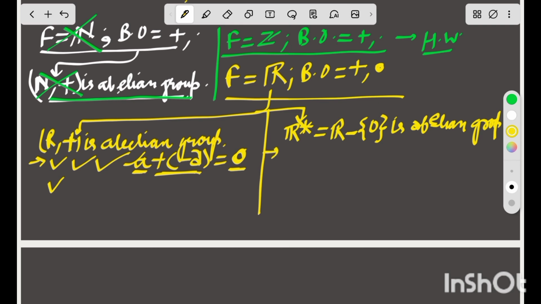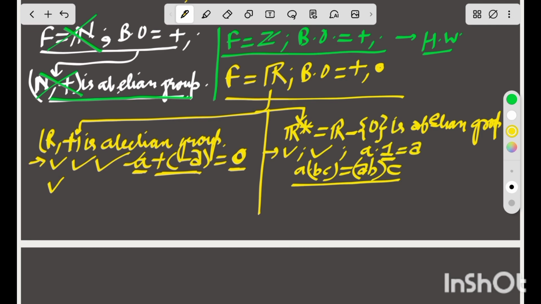First is the closure property. Since multiplication of two real numbers is a real number, it holds the first property. Since multiplication holds the associative property as a into b into c, or a into b into c, both are equal, therefore it holds the associative property also. Third is the identity. If we multiply any number with the 1, we get the same number, therefore 1 here acts as an identity element.